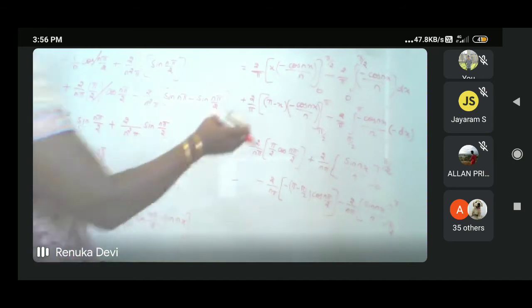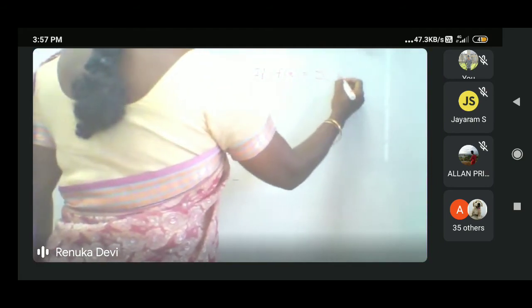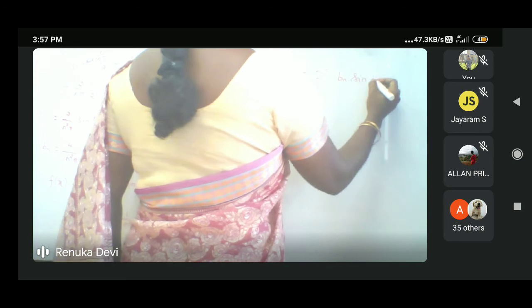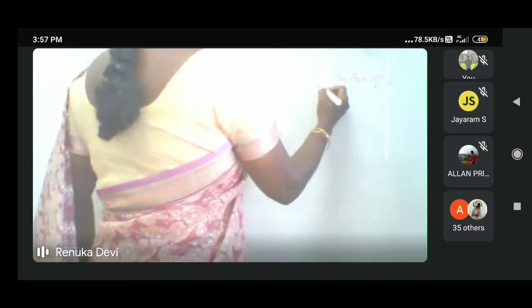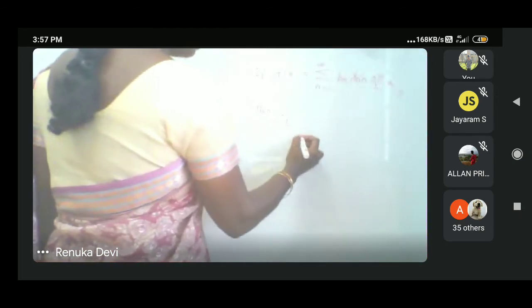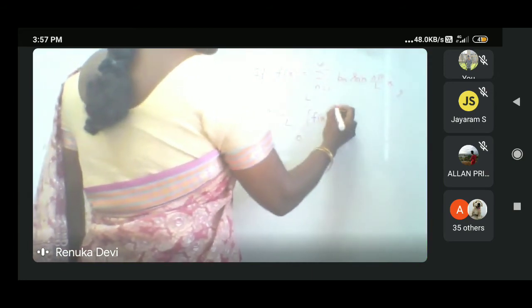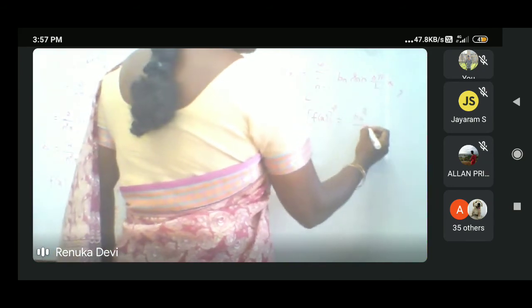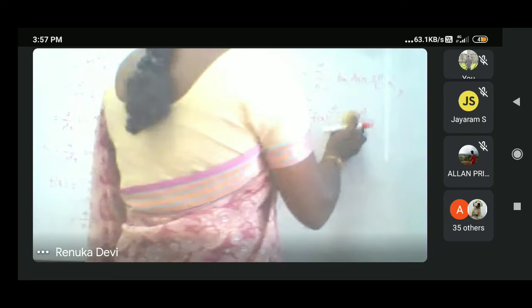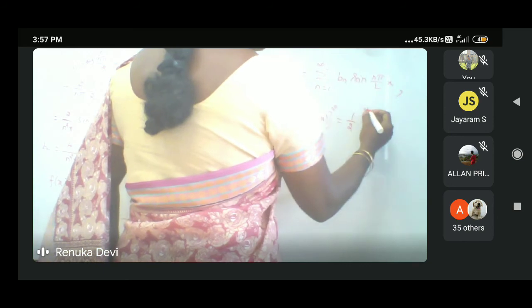Now you have to find the deduction. To find a deduction, if your series is half range sine series, that is, if f of x is equal to sigma bn sin n pi x by l, n equal to 1 to infinity, then 1 by L integral 0 to L, f of x the whole square equal to 1 by 2 sigma bn square, n equal to 1 to infinity.